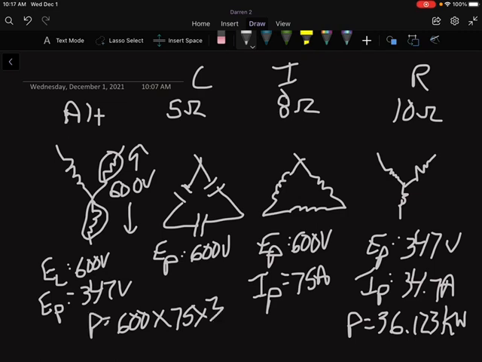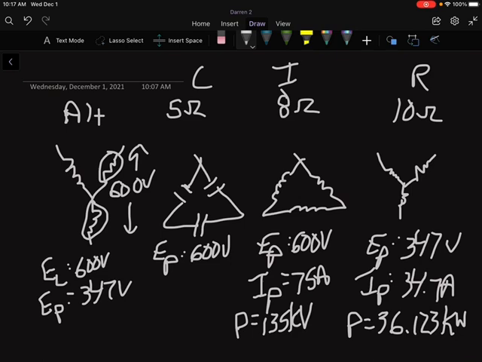I'm erasing things as we go because I don't have a lot of room here. Okay, so that is that one.